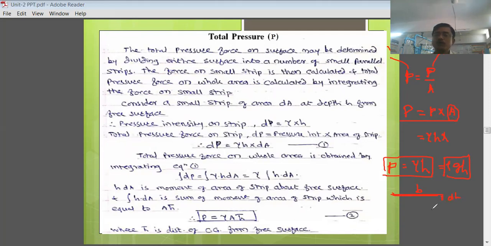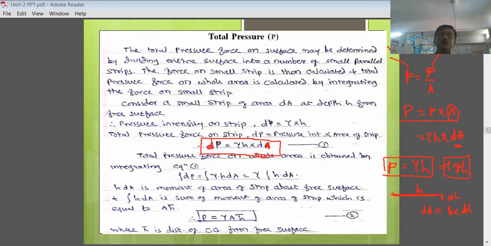So here we can write dA is equal to b into dh. So here I will write the area of the strip as dA. This is the area of the strip. So here I can write this equation for the total pressure force acting on the small strip: dP is equal to gamma h into dA, right? So this is the total pressure acting on the single strip.